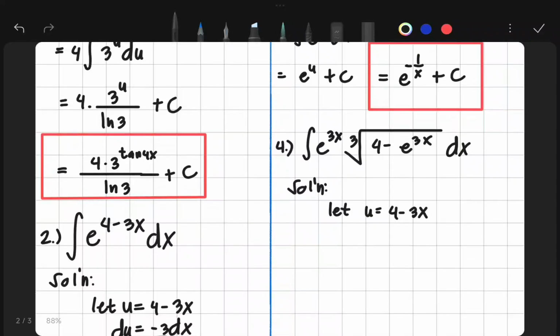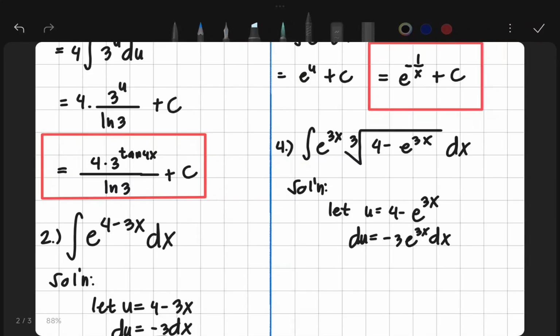Because if we try to differentiate this one, no, I forgot. This is not 3x, e raised to 3x rather, my bad. u equals 4 minus e raised to 3x. If we differentiate this, the derivative of 4 is just 0, and the derivative of negative e raised to 3x is negative 3 e raised to 3x dx, right?